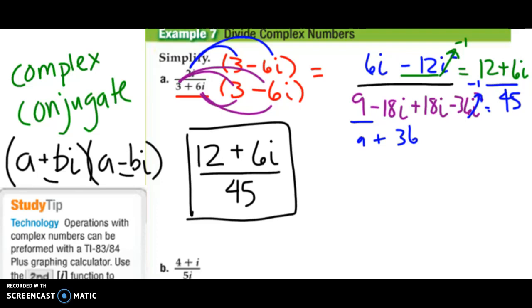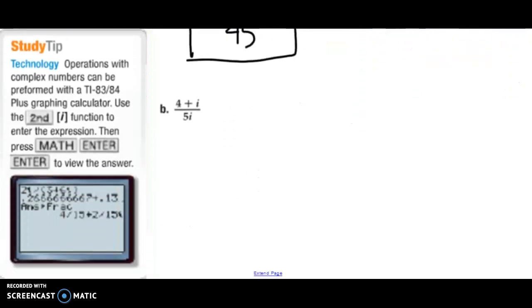All right, let's look at another example. Letter B. The complex conjugate of 5i, if we think of it as 0 plus 5i, is going to be 0 minus 5i, or just negative 5i. I can do it to the top as well, negative 5i. So 4 times negative 5i is negative 20i.